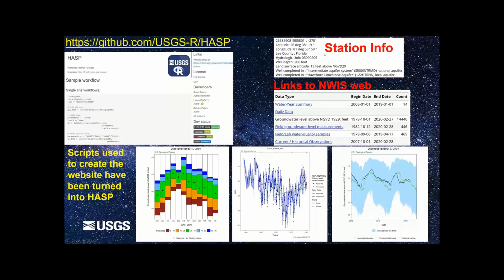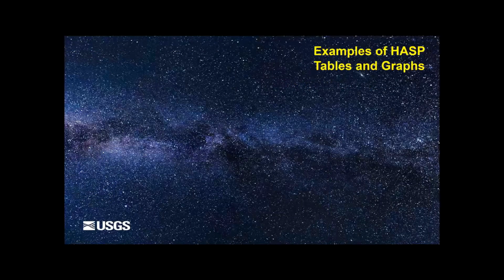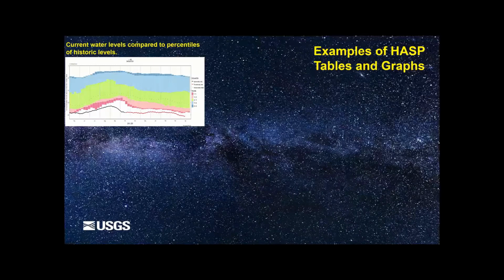Station info is provided, so it will automatically go in and pull the information for a USGS station. And you can get links to the USGS website through some of the scripts that run. Here's some other examples of HASP tables and graphs. So here's the weekly breakdown of the historical data as percentiles versus the current data.